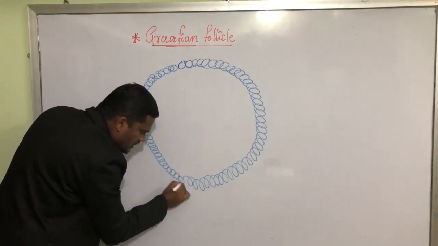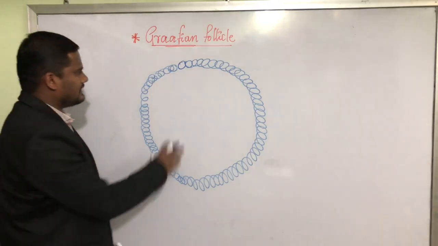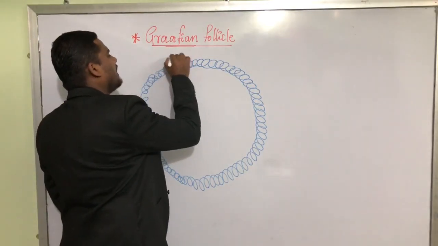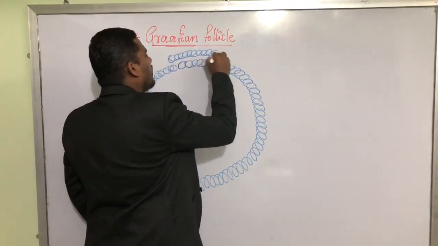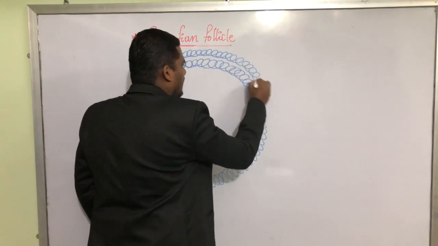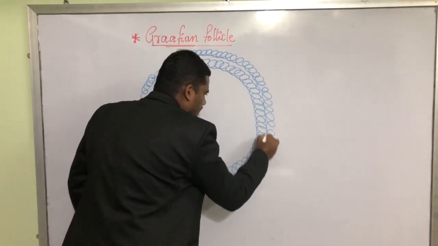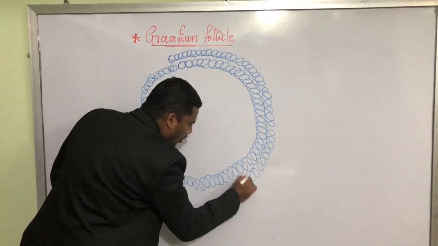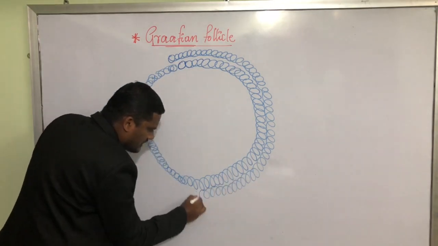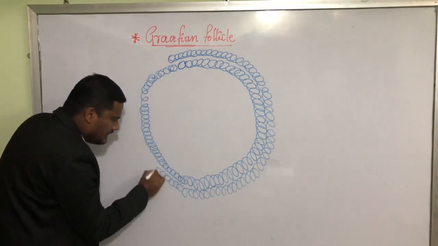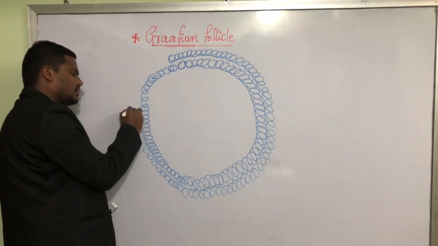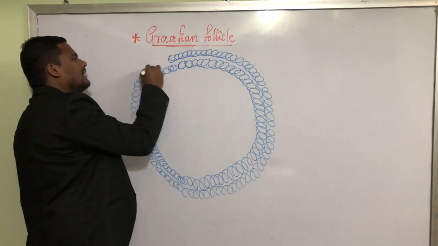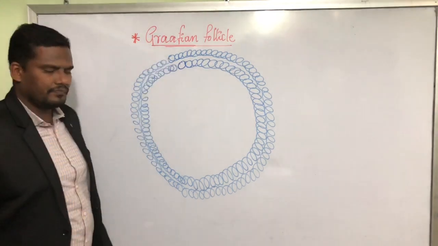There are two such layers. This is supposed to be the inner layer, and we have one more layer, the outer layer. All the cells of this inner and outer layer are similar in their structure and similar in their function also.